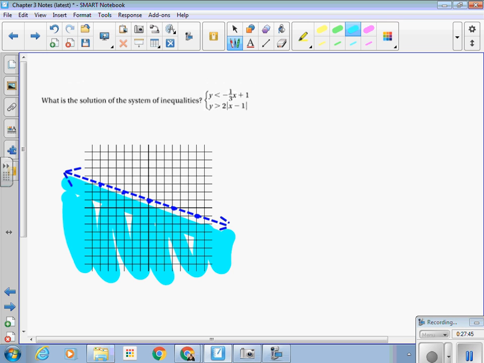In this case, I cannot equal him, so he has to be dashed. So we're going to shift it to the right 1. So the vertex is going to be at 1, 0. And then he has a vertical stretch of 2. So instead of having a slope of over 1 up 1, he's going to have a slope of over 1 up 2.